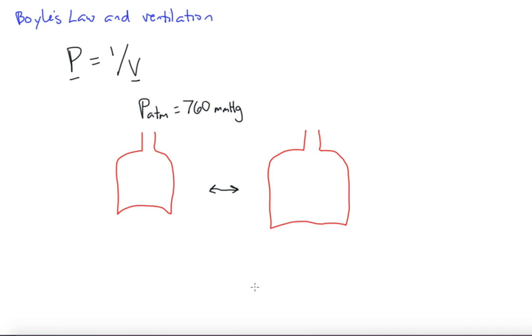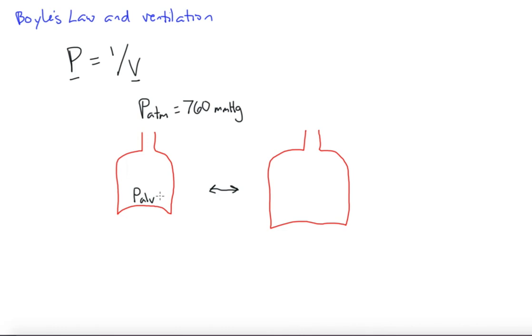Okay, the other pressure that we need to describe is PALV, or alveolar pressure, or some people say intrapulmonary pressure, right? Intra meaning within the lungs.